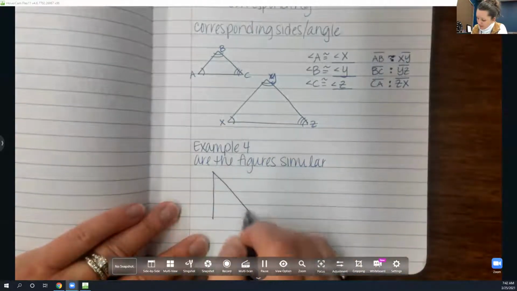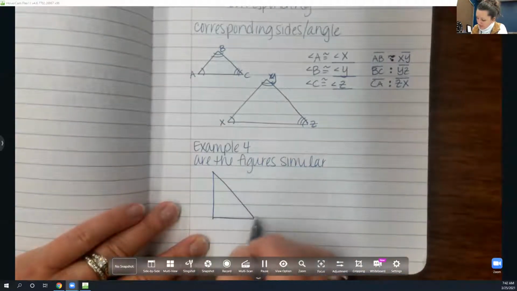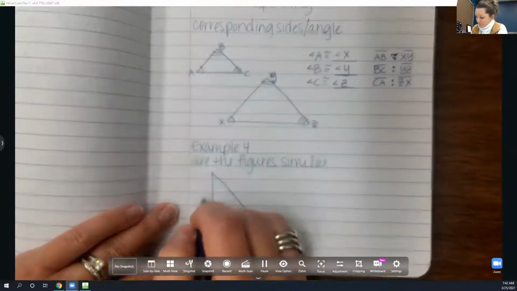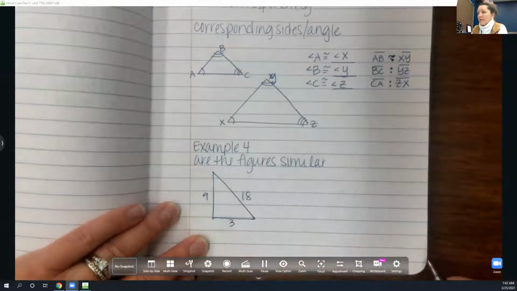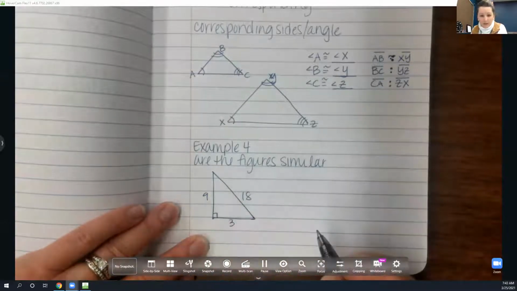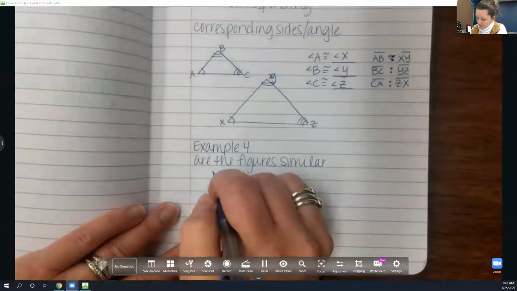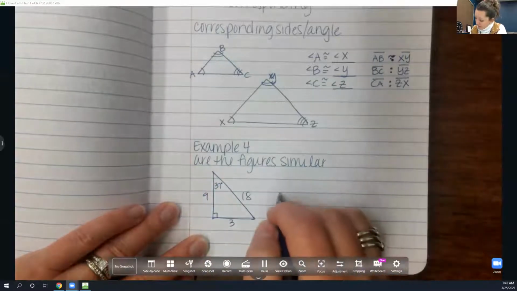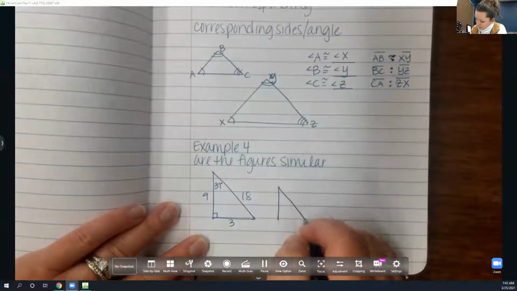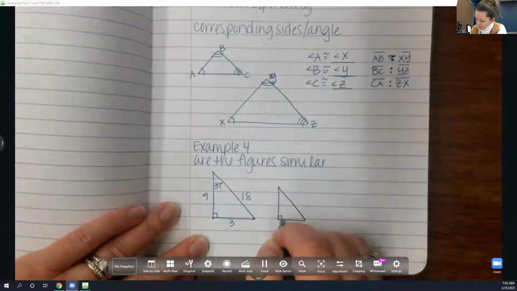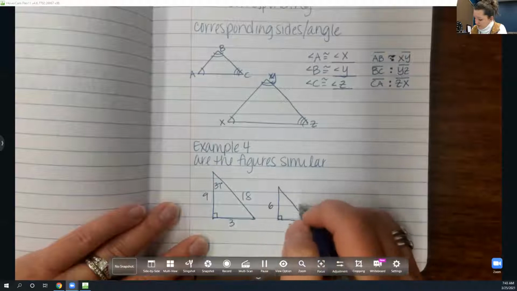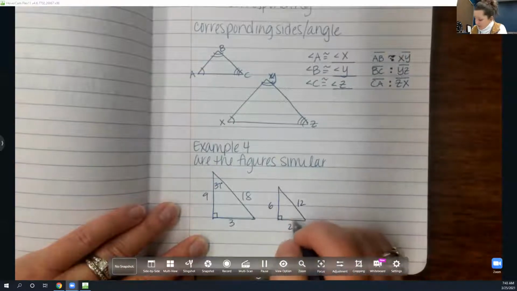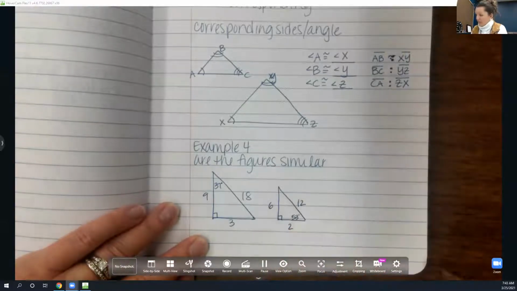So I have a larger right triangle here with sides 9, 18, and 3, and an angle of 37 here. And then I have another smaller triangle here. It is still right, and the sides are 2, 6, and 12, and my angle here is 53.